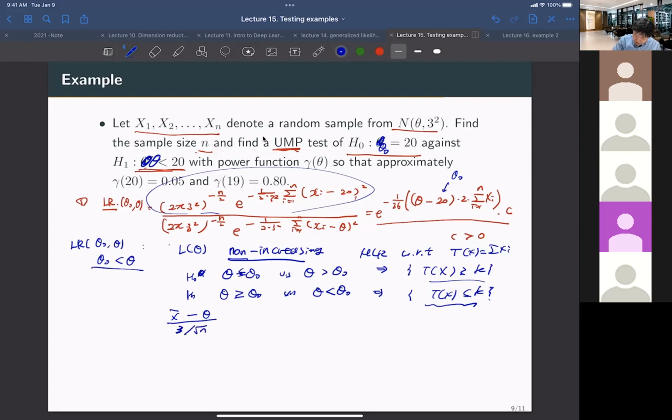When theta is theta 0, or 20, you can use this to figure out the critical value.